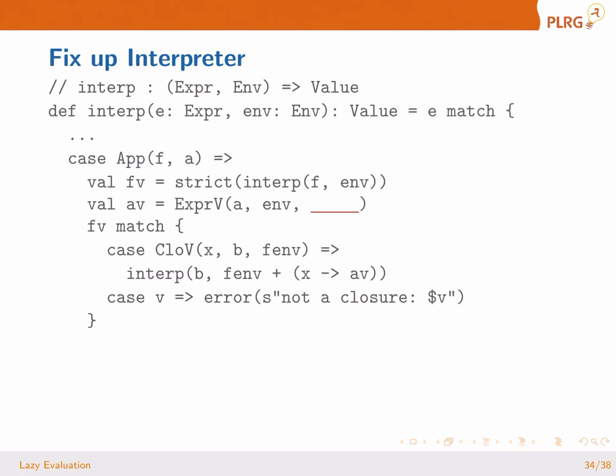Now let's get back to the interpreter implementation for lazy evaluation, LFAE. The concrete syntax of LFAE was just the same as FAE, meaning that function call syntax is just the same as before.